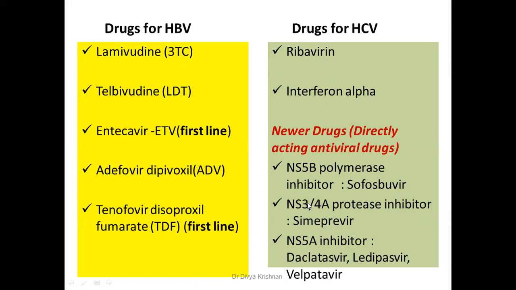Then the NS3/4A protease inhibitor, simeprevir. Then the NS5A inhibitors, daclatasvir and ledipasvir. All these NS5B, NS3, NS4A, you already know about. They are called non-structural proteins, which we have discussed in the pre-session material that I had shared with all of you.